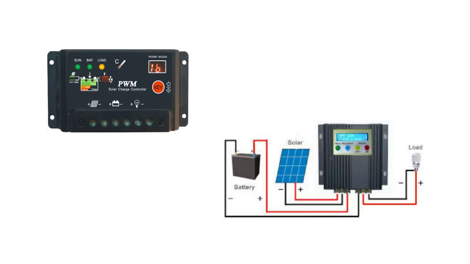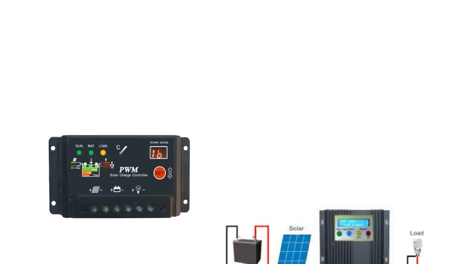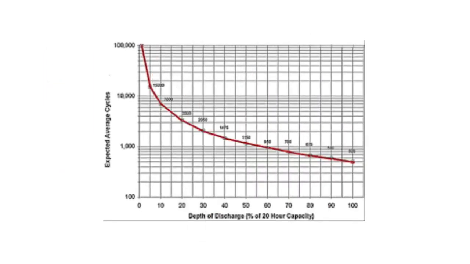A charge controller gives you control on protecting the battery. One can set a voltage at which the output from the battery can be switched off based on a particular battery voltage. In the industry, the term DOD or depth of discharge is commonly used.